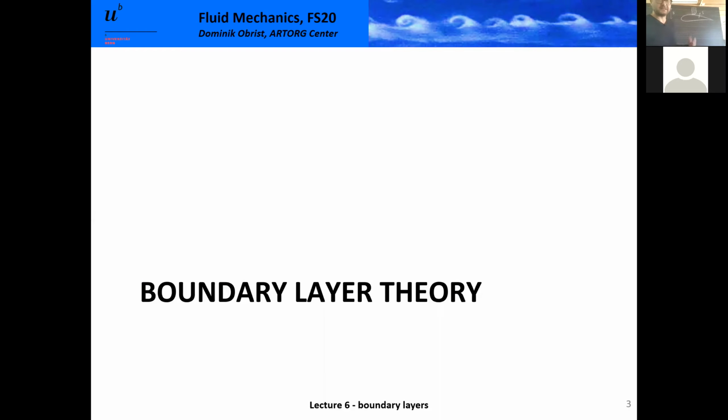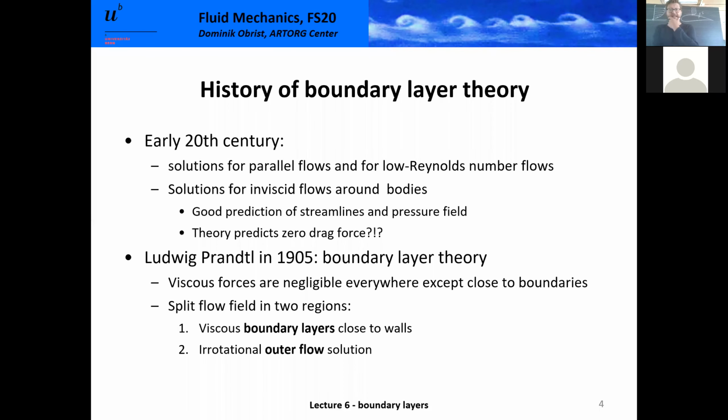And let's look at the whole theory of boundary layers, because there's some history to it, which is worthwhile to explain. And we should, to this end, look at the situation in the early 20th century. So this is roughly 110 years ago, or let's say 120 years ago. So 1900, 1910.